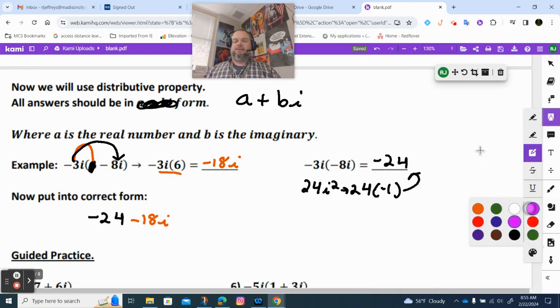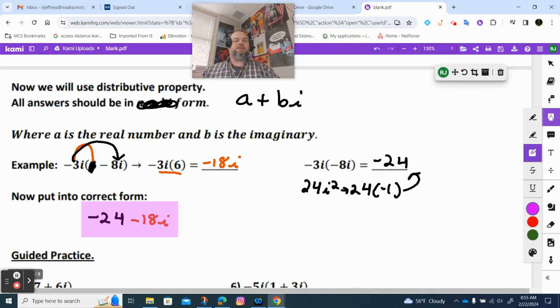And that is our answer. So it's like what we were doing, just with one more step. How many of you, it's been a hot minute since you've seen distributive property? Okay. Thank you. One person, maybe two.